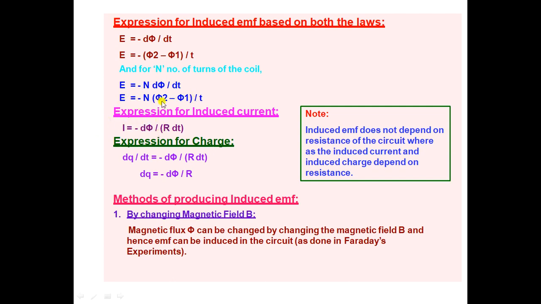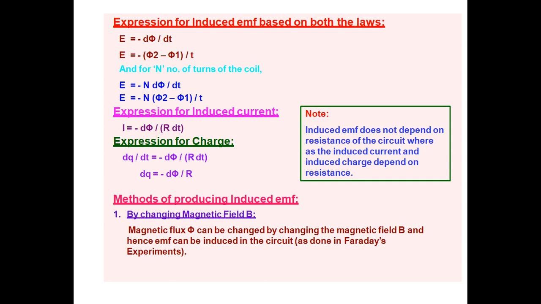Then the expression for induced current, I may write as I is equal to minus R into d phi by R into dt. So it is an expression for current.